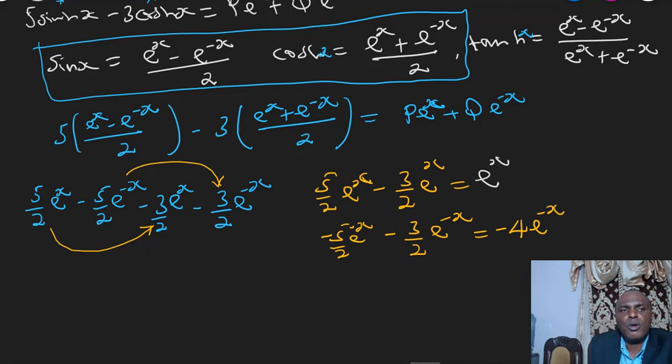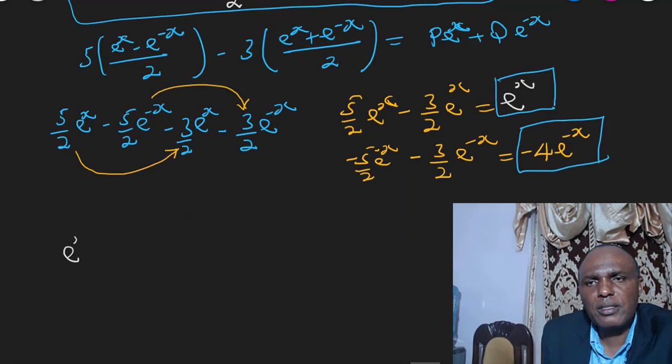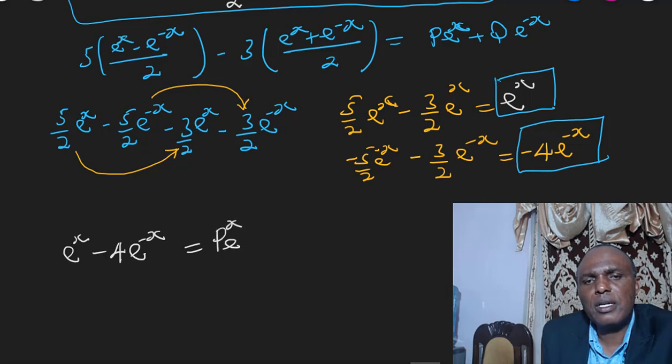So we have reduced those two values here. That is, we have reduced to that. This other one here, we have reduced to that. Now we have e to power x minus 4 e to power negative x is equal to p e to power x plus q e to power negative x.